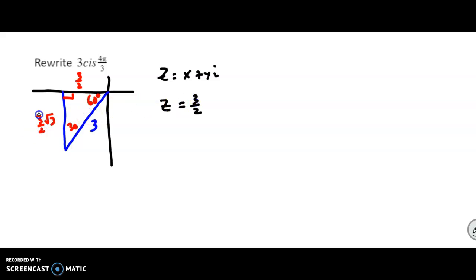Now this is negative since it's going down. 3 halves minus 3 root 3 over 2 i. And I made a mistake. This should be negative 3 halves, since it's along the x. Okay. So I'm going to review this a little bit more maybe on the next video, but hopefully you can go back and rewatch some parts of this video.